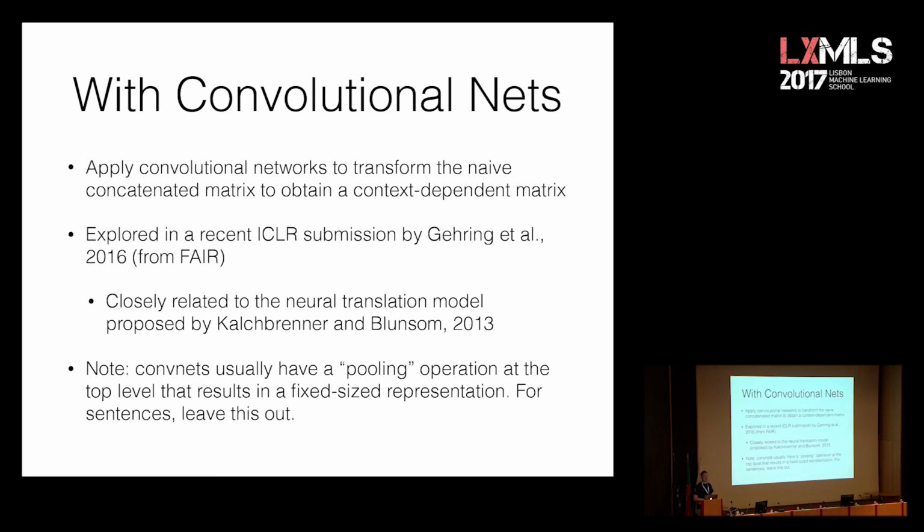We can also use convolutional networks to do this. Convnets have become very popular for image analysis, and images look a lot like matrices. We've got these great techniques for learning to extract and unify information, pulling out interesting abstractions from different patches of images. It seems like we should try doing this with sentences.